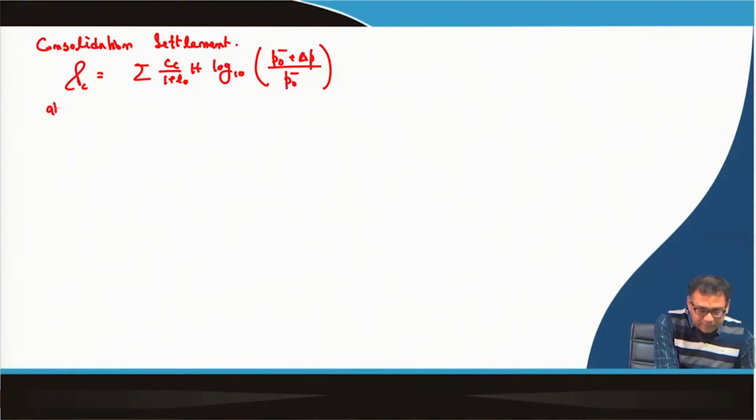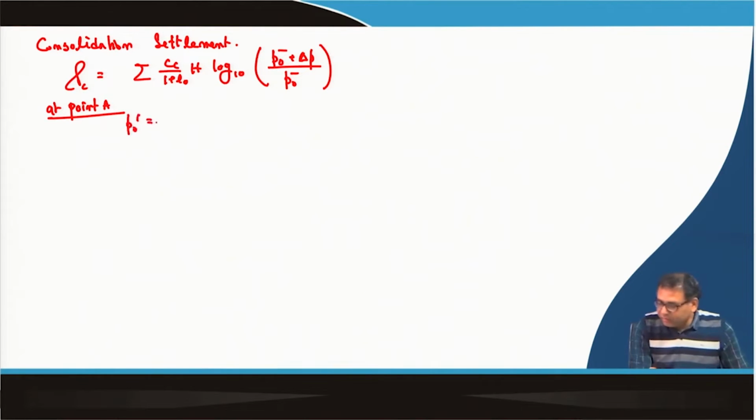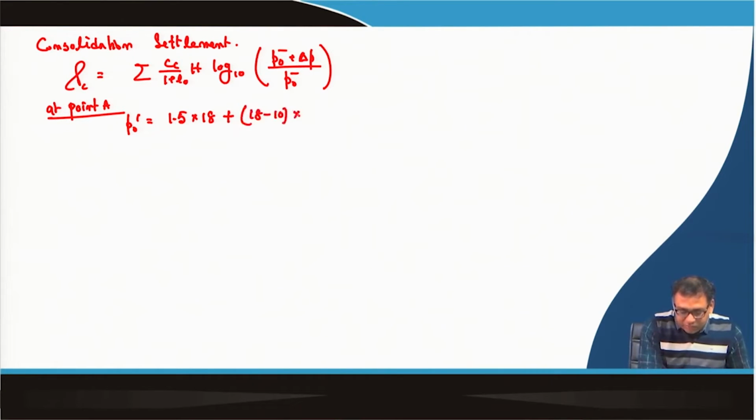Now, at point A, your P0 bar is equal to, for the top layer it is 1.5 into 18, where the water table is not present, that is above the water table. Then we will go for the submerged unit weight, that is 18 minus 10 into 3.5 divided by 2, that means 1.75, and that is equal to 41 kilonewton per meter square.